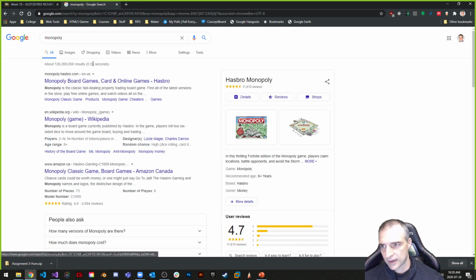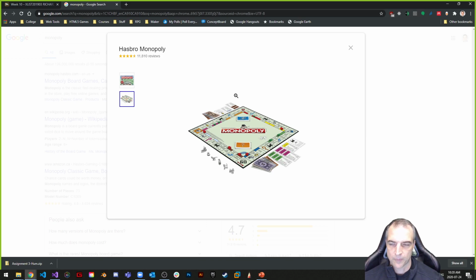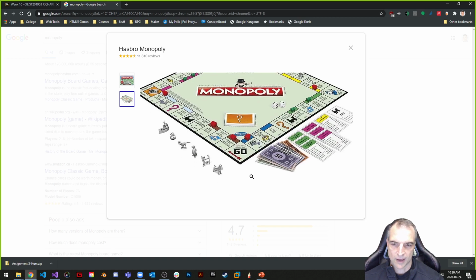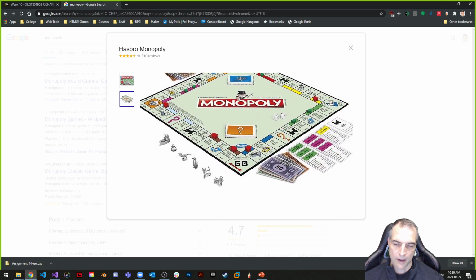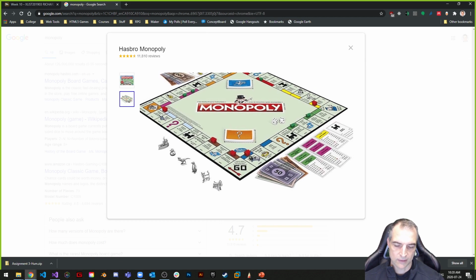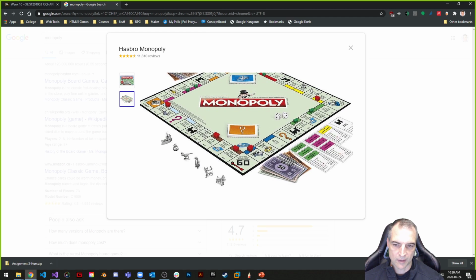Here's an image of Monopoly. You can see this is Hasbro, of course, and Monopoly is a very simple board game. We have multiple players, a multiplayer game, and everyone starts at the Go square. In the initial state, all the characters are in the same position.